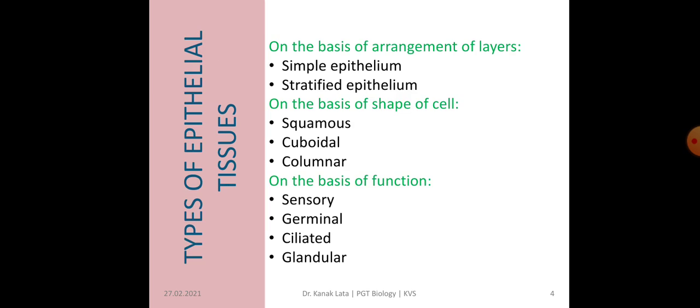Let us see the types of epithelial tissues. There are different bases on which the epithelial tissues can be classified. First, on the basis of arrangement of layers, the epithelial tissue is classified into two main types: simple epithelium and stratified epithelium. Another classification is based on the shape of cell. It is of three types: squamous, cuboidal and columnar.